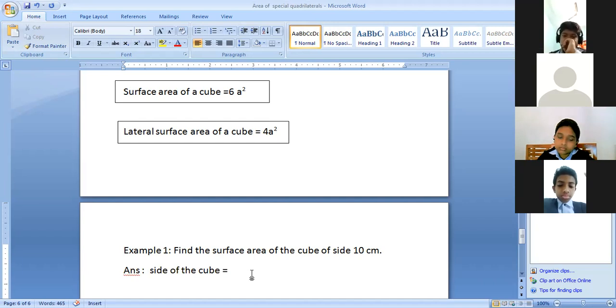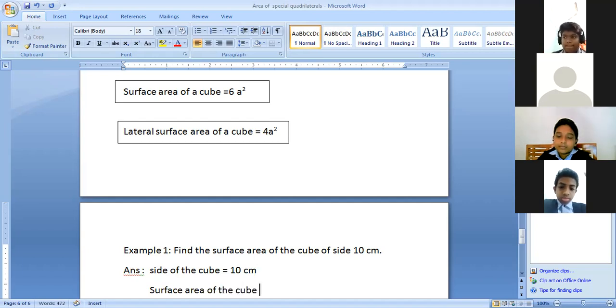Don't waste time. It's there in the question. 10 centimeter. Okay, what do we have to find? No other values in the question. We need to find the surface area of the cube.